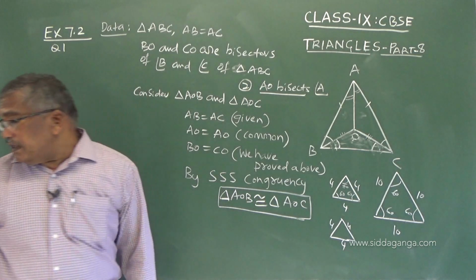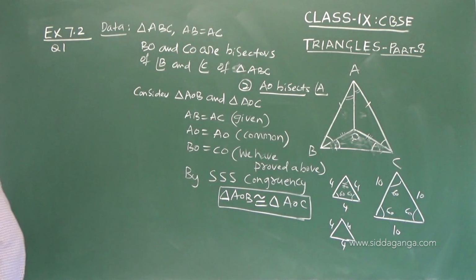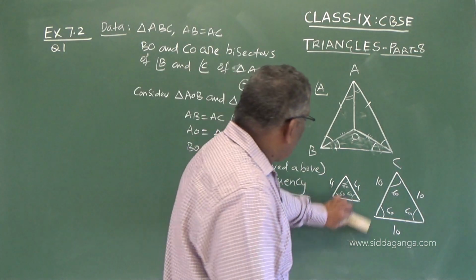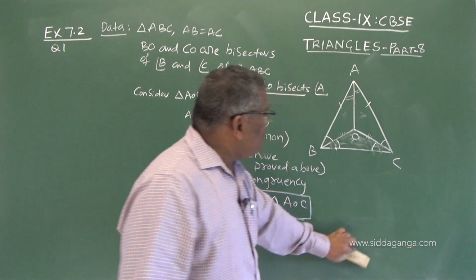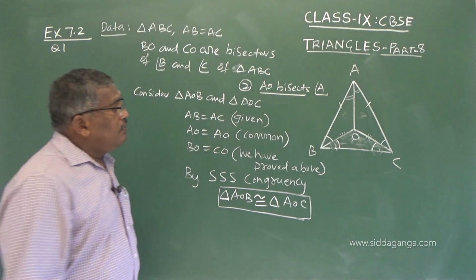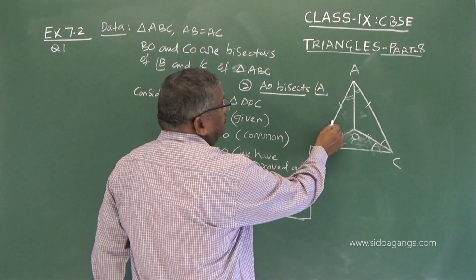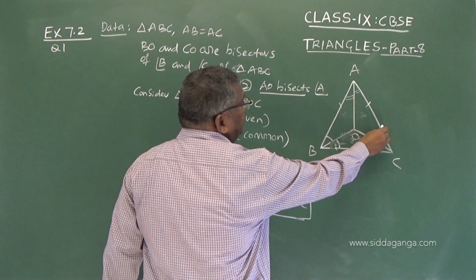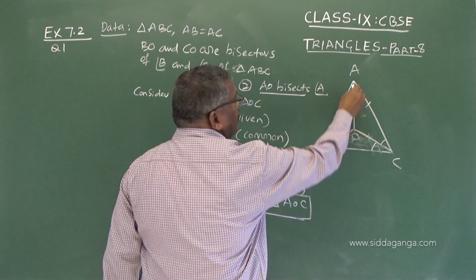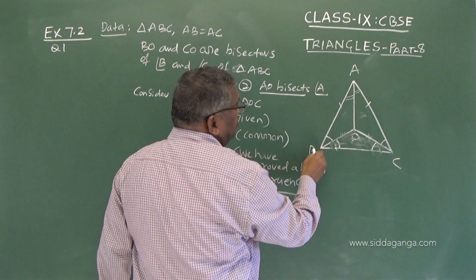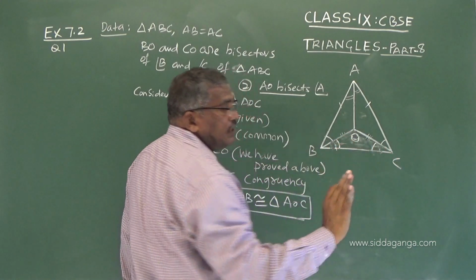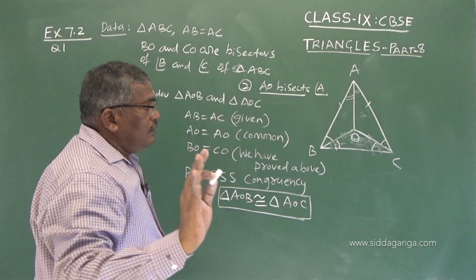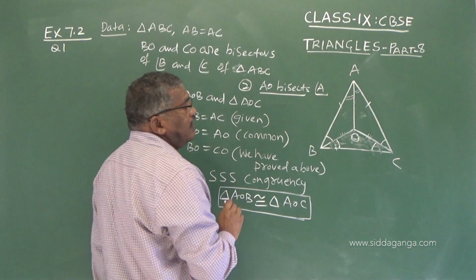So with this what happens? When they are congruent, the corresponding parts are equal. So what are the corresponding parts? Now you can see AB corresponds to AC, AO corresponds to AO common, BO corresponds to OC, that is regarding sides. Now angles.